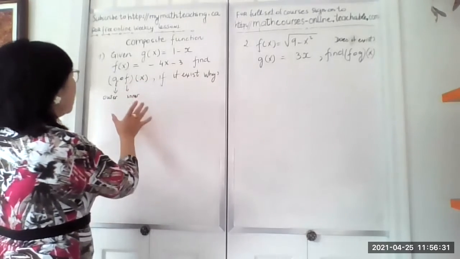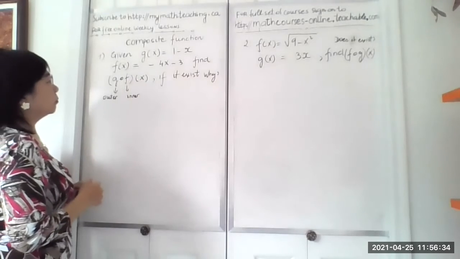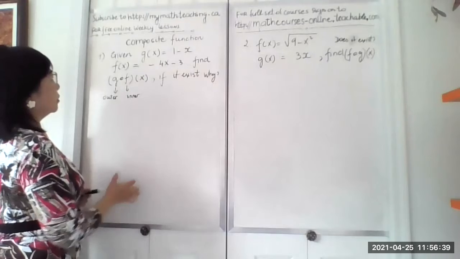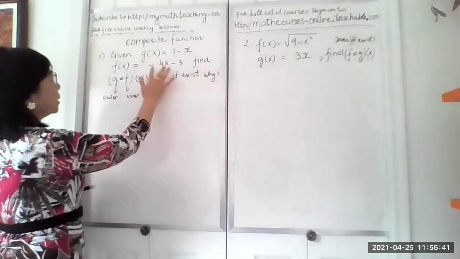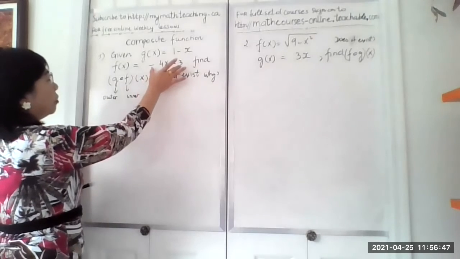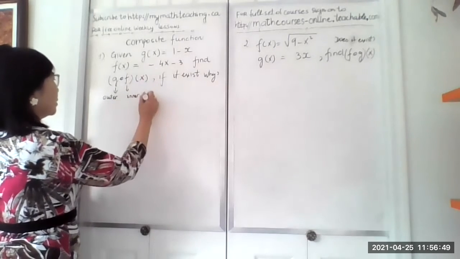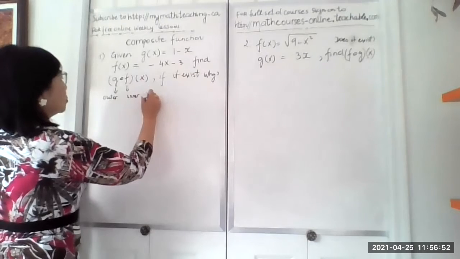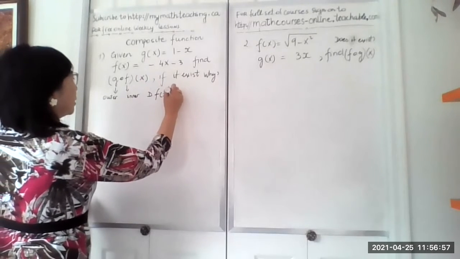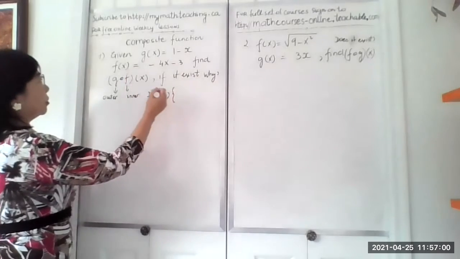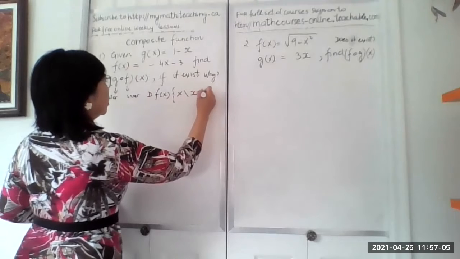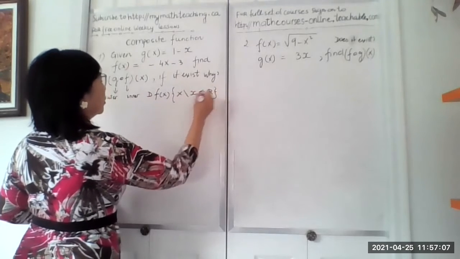Let's first talk about the domain. The domain of f of x here is a linear function. So we state the domain of f of x: it is the set of x such that x belongs to the real numbers.